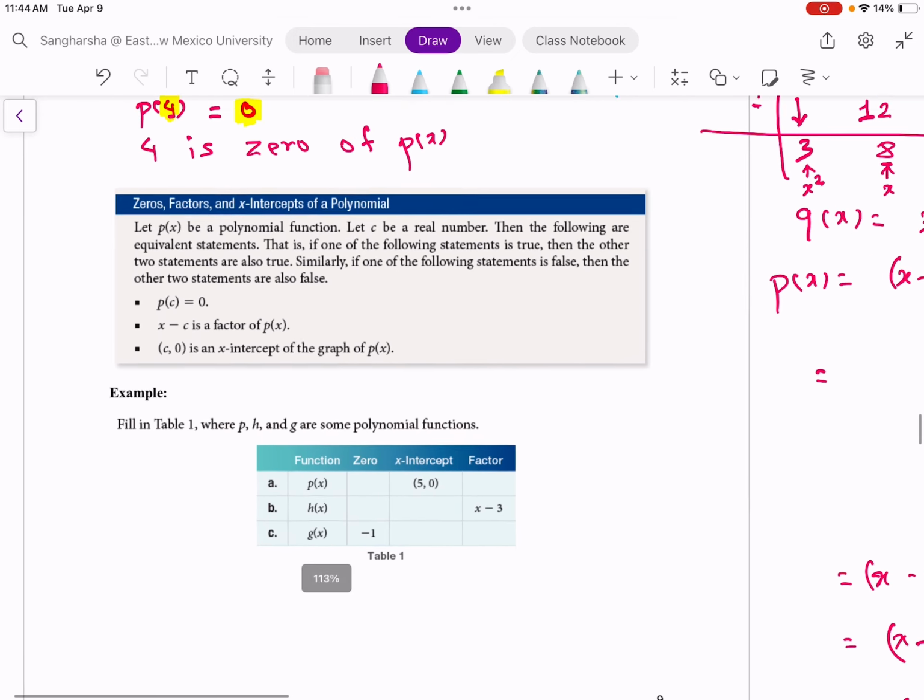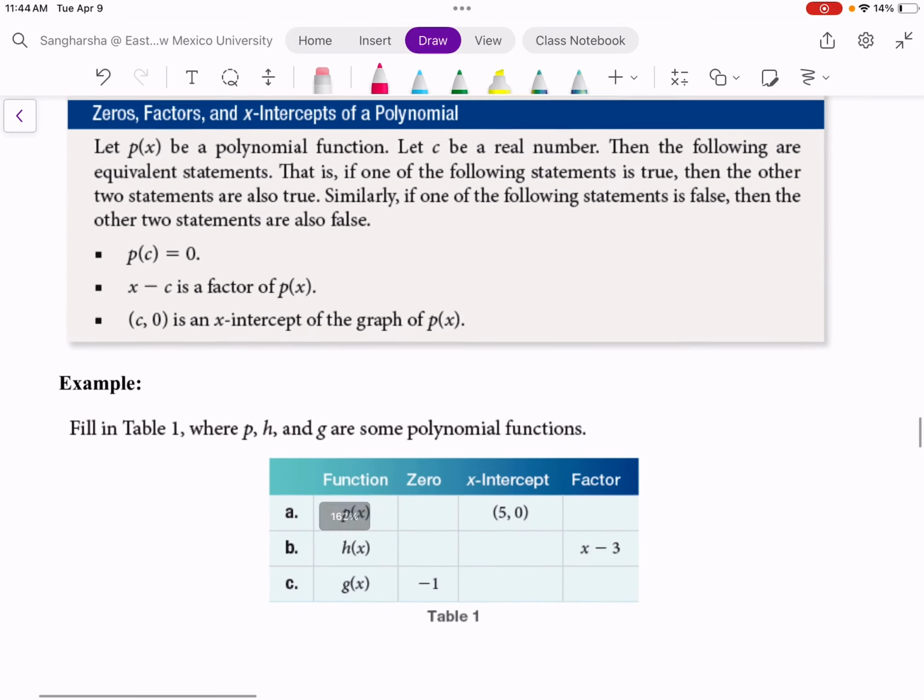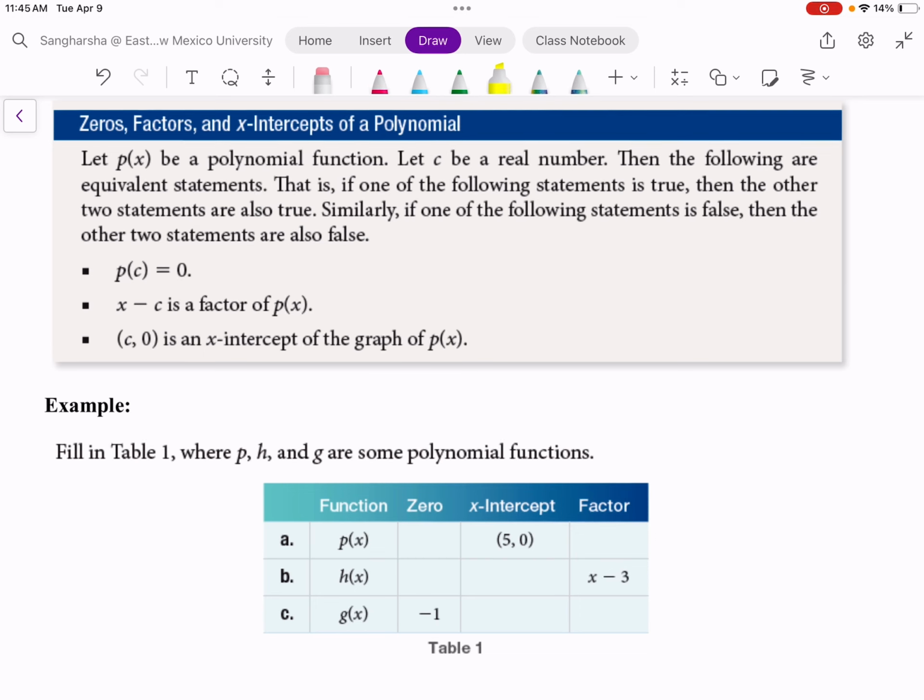Now here we have a polynomial function, and c is any real number. Now, if this is the case, we have p of c equals 0. Okay, now let me double check here.